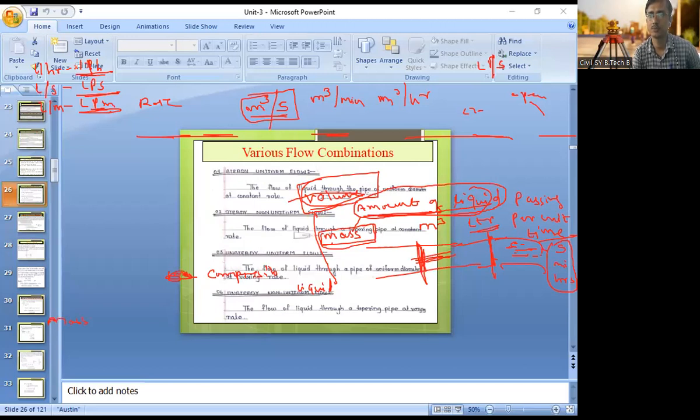Mass flow rate is nothing but mass per unit time, kg per second, kg per hour, like that.